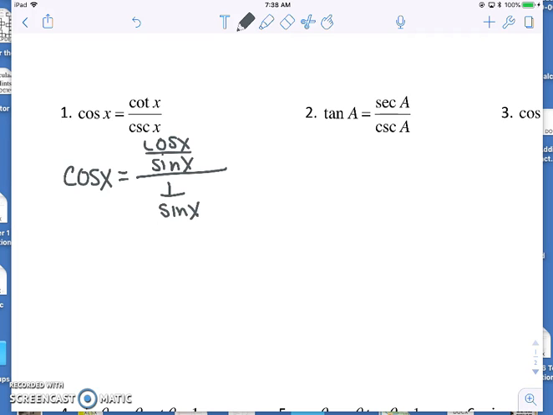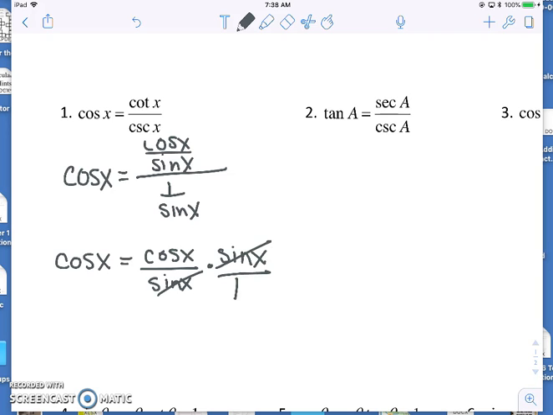When we divide fractions, we multiply by the reciprocal. So the left side is still the cosine of x. Cosine of x divided by the sine of x, times the reciprocal, sine of x over 1. So sine of x over sine of x reduces down to 1. We're left with the cosine of x equals the cosine of x, and we've verified it.